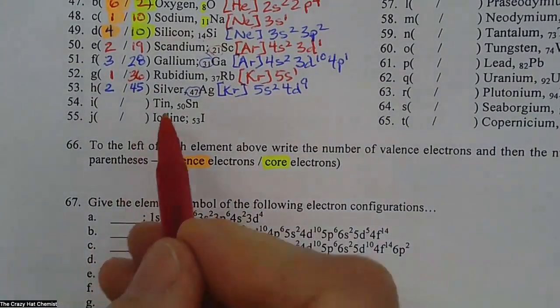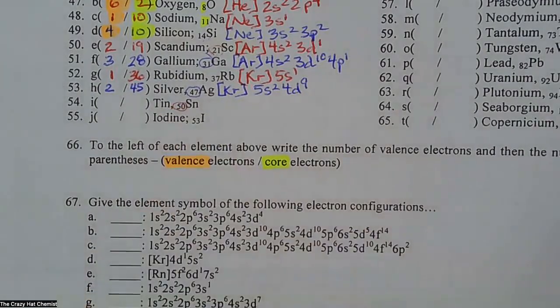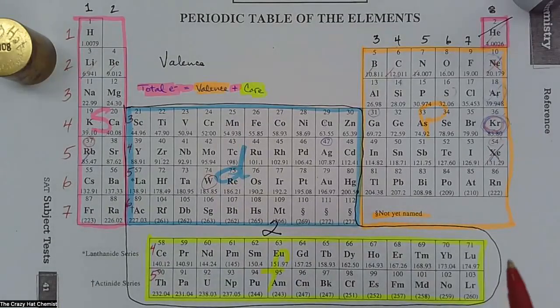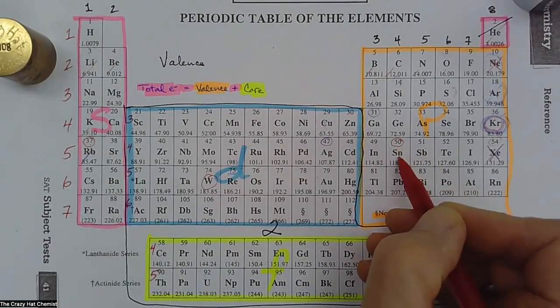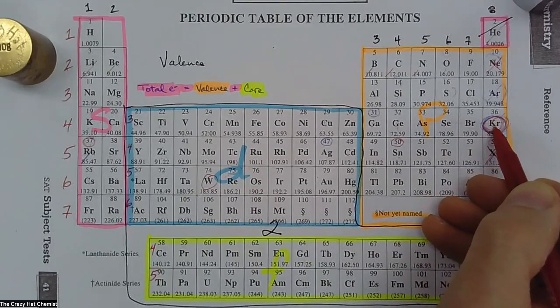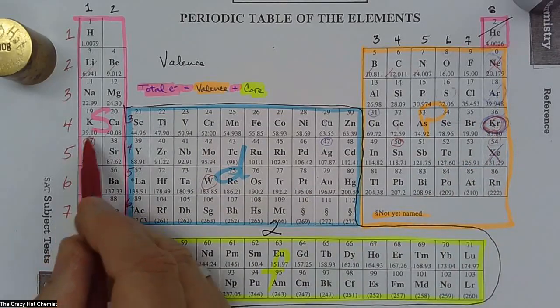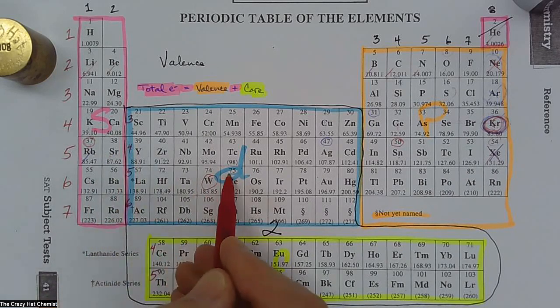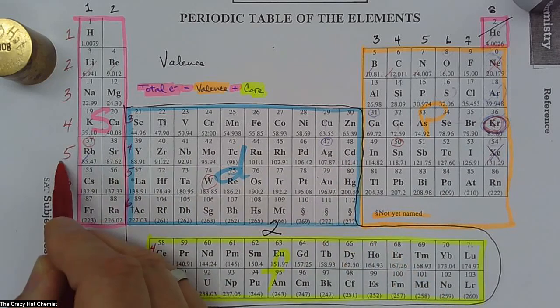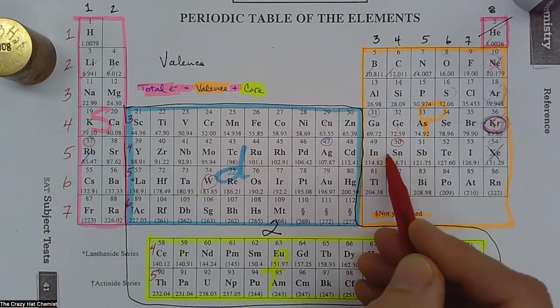Perfect. Next one is tin, which is element number 50. So I'm going to find 50 on my periodic table here, and here we go. Here's element number 50. That's tin. I'm going to go up one period. I'm going to slam it to the far right. I'm going to have krypton. Krypton with 5s2, 4d 1, 2, 3, 4, 5, 6, 7, 8, 9, 10, then a 5p2.